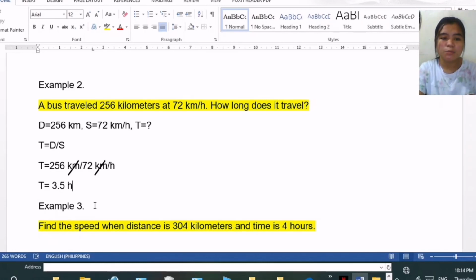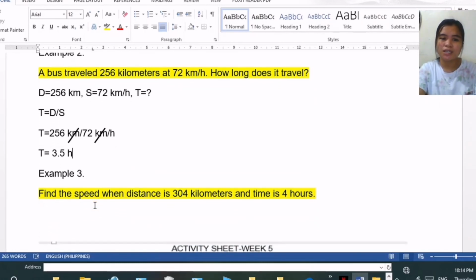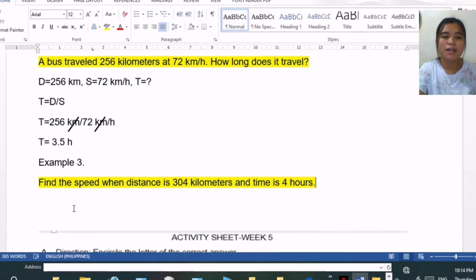Let's move on to our last example: find the speed when the distance is 304 kilometers and the time is 4 hours. It's clearly given. The distance is 304 kilometers and the time is 4 hours. We are going to compute for the speed.